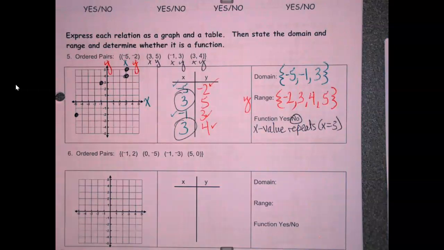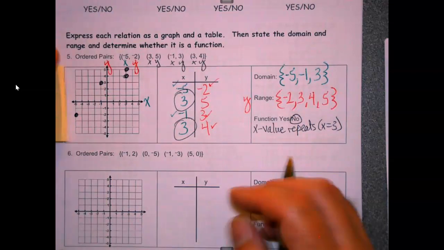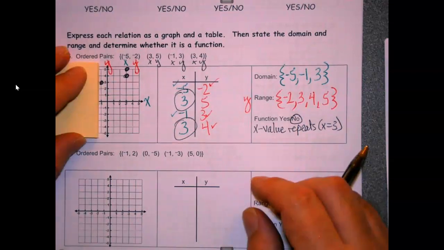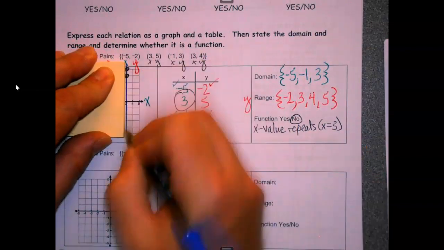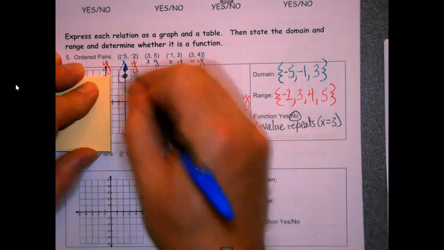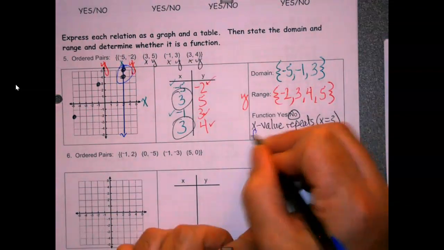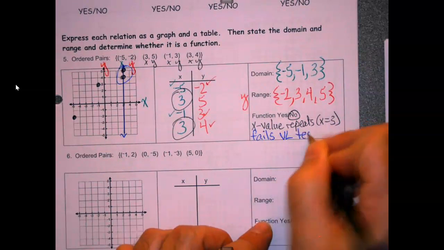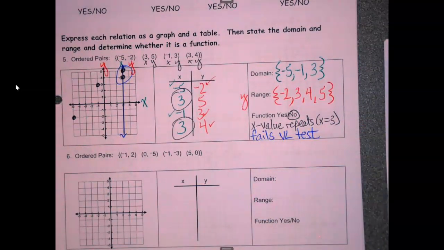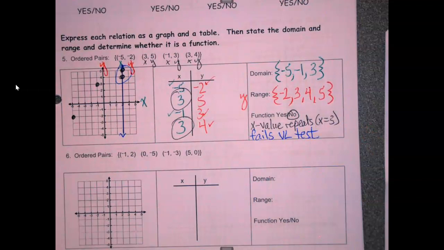The other one would be if I go through it on my vertical line test, it fails the vertical line test because I can draw a vertical line through there where it goes through more than one point. Either of those would be a terrific explanation of why that's not a function.